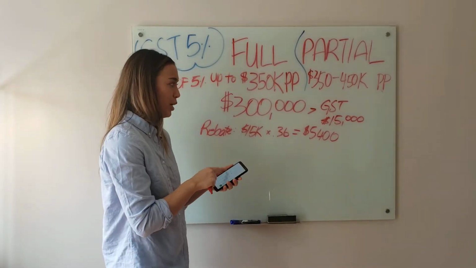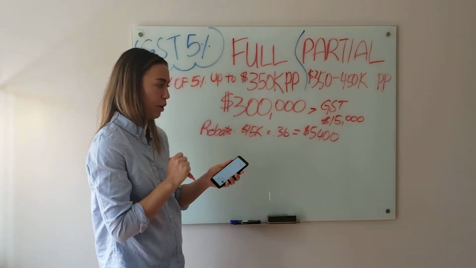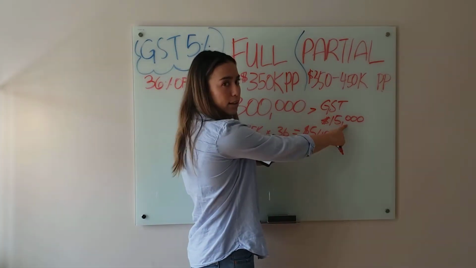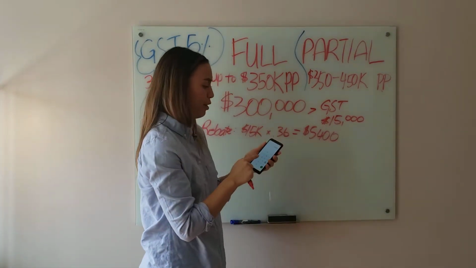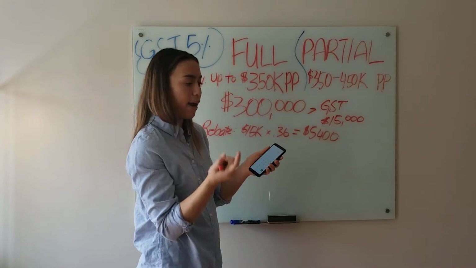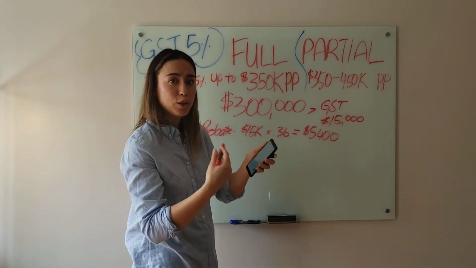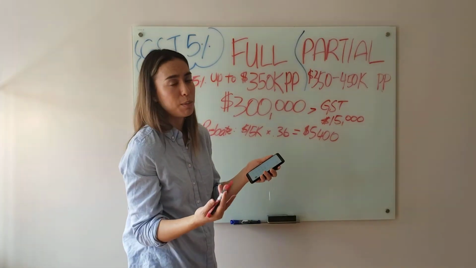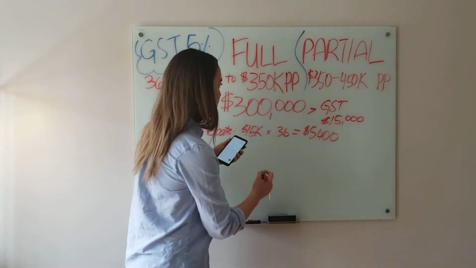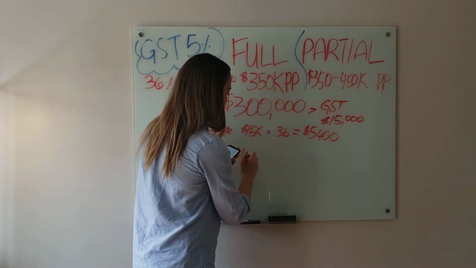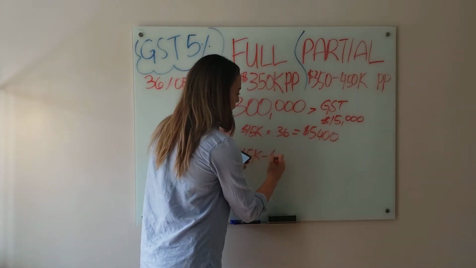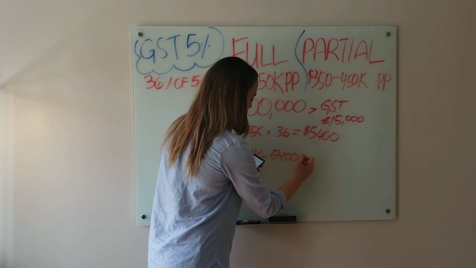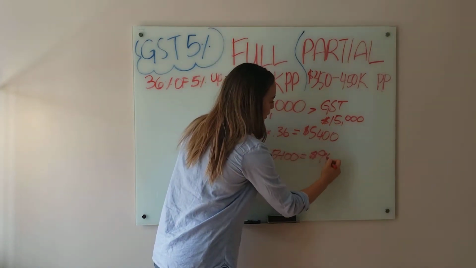So you now take the $15,000 number, your total GST, and you less the rebate of $5,400, and that comes out to your total GST number that you are going to be responsible for after rebates. So 15K less $5,400 is $9,600.